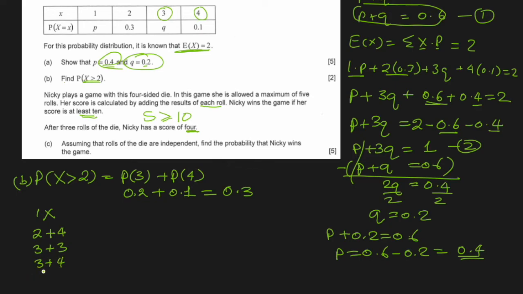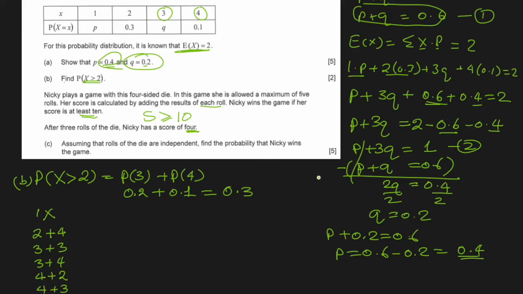That's good. So with 3 we have 2 possibilities. Now with 4 we can have 2, we can have 3 also, and we can have 4 and 4. These are the ones which are possible.